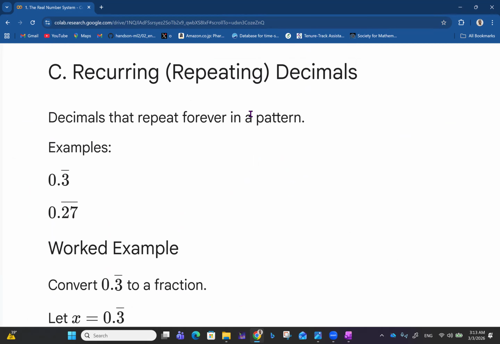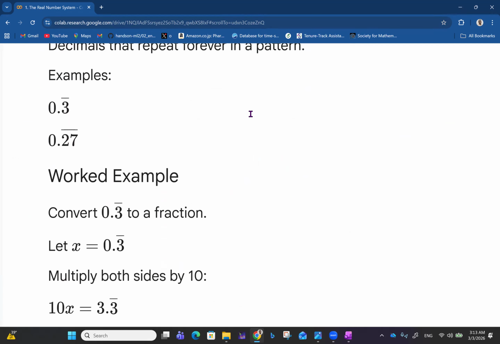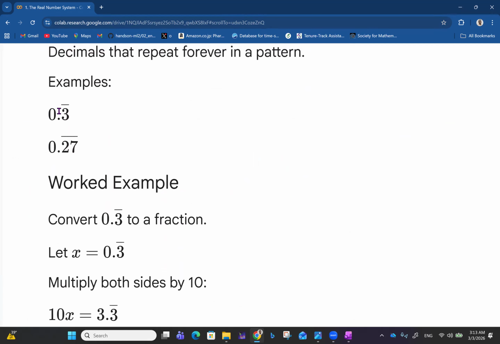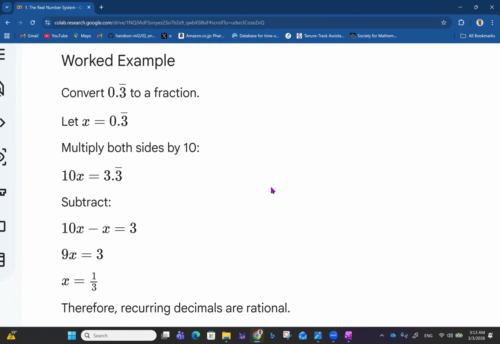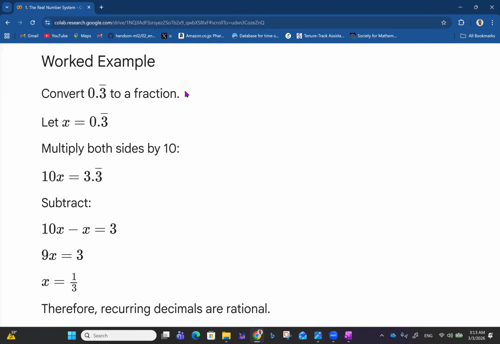These are decimals that repeat forever in a pattern. Examples include 0.3333333333 forever and ever, or 0.27272727 forever and ever. Imagine you want to convert 0.3333 to a fraction. Recurring decimals can actually be converted to a fraction. That's the idea we are pushing here.